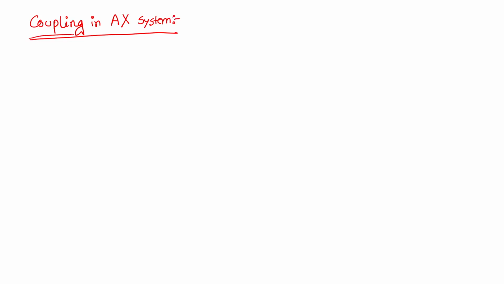Now the coupling in the AX system is something like this: you are going to use the Hamiltonian. Your total Hamiltonian is going to be your zeroth order plus this perturbed one.